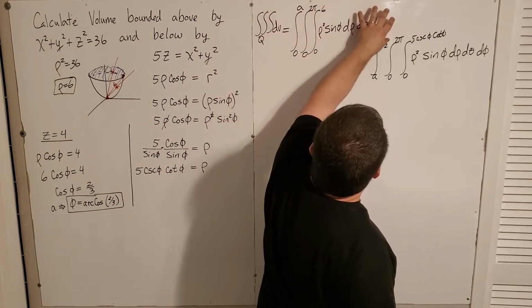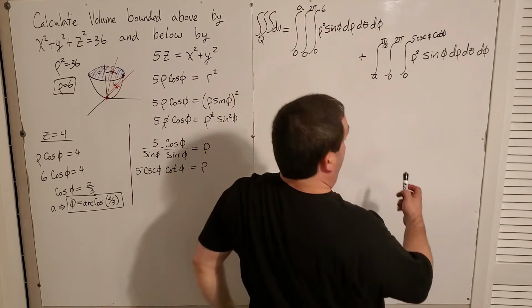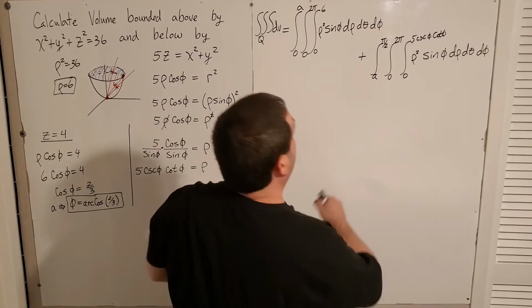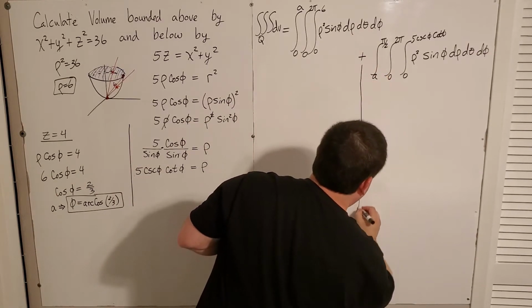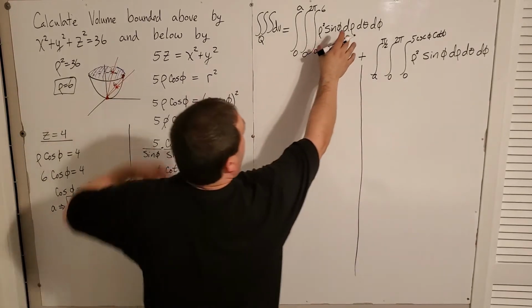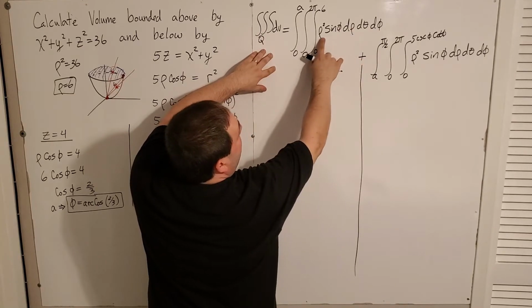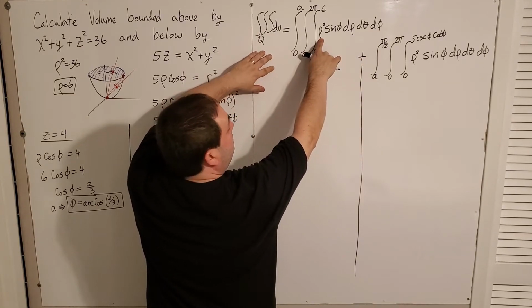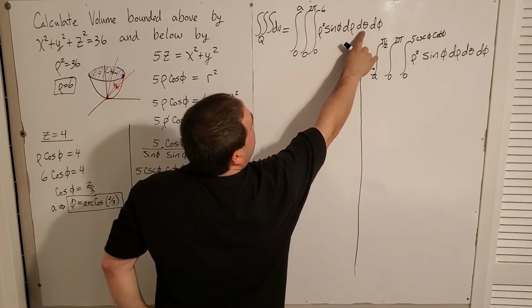This one's actually, as you can see, it's already going to be a little nicer, right? Because all of the boundaries on that one are numbers. Let's see if we can make some room here by splitting this down the middle here. Okay. So right here, I'm going to be integrating d rho first. And that's rho squared, right? And then also 0 to 2 pi d theta.